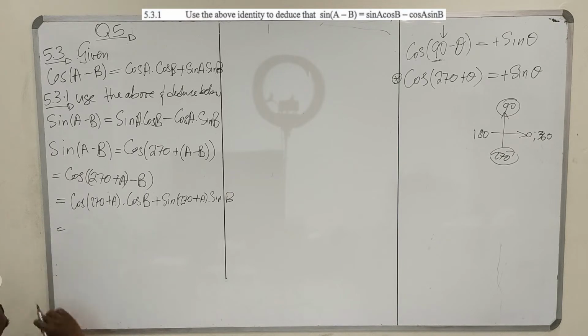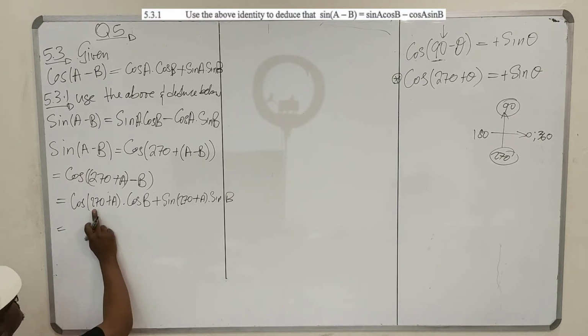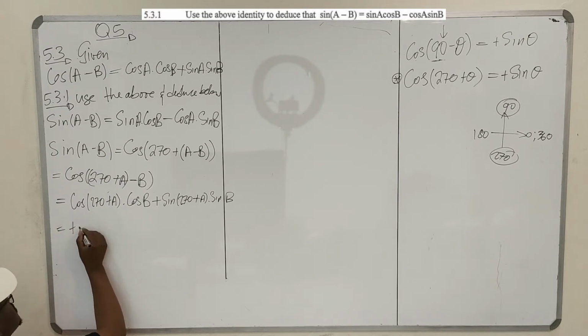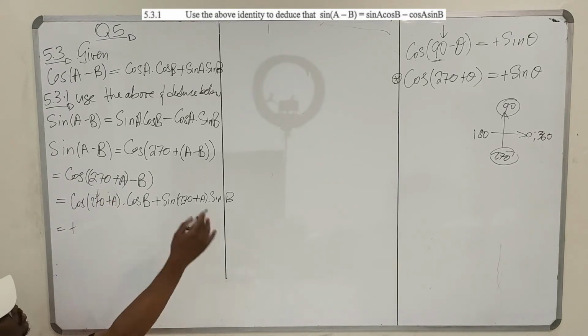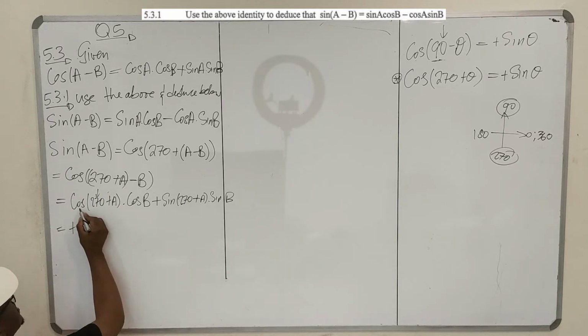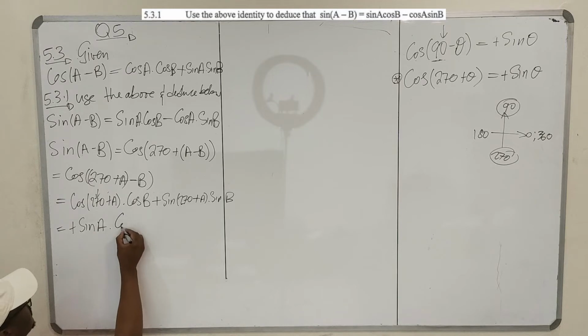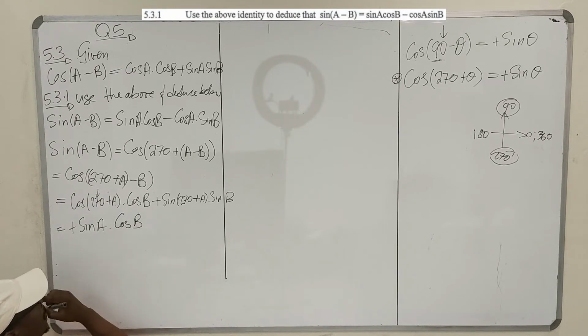Then you ask yourself, in which quadrant is 270 plus A? It's on the fourth quadrant. What sign is your function there? It's positive, but because the maximum is along the vertical line there, it will change to its cofunction identity and become sine A times cos B, right?